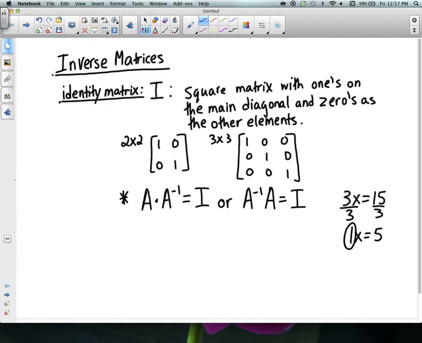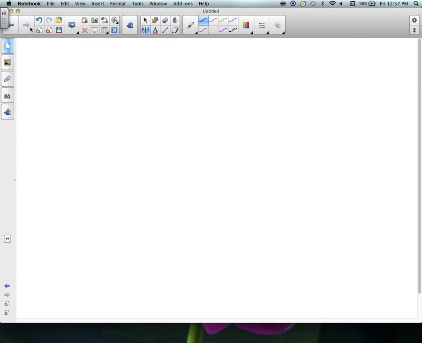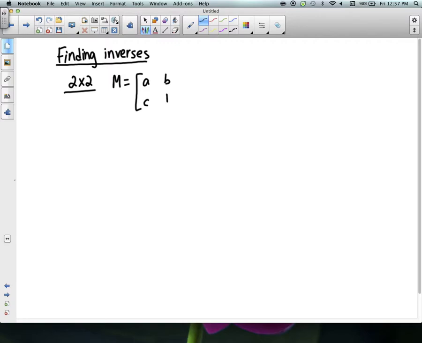All right, so let's start with the 2 by 2. This is the one that we're going to do by hand. All right, so if we have this 2 by 2 matrix, and the other important thing is our determinant can't be 0.